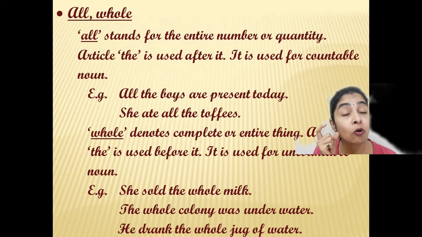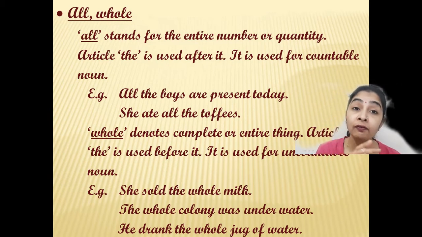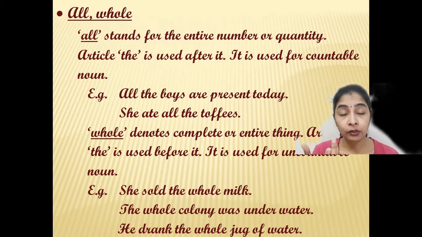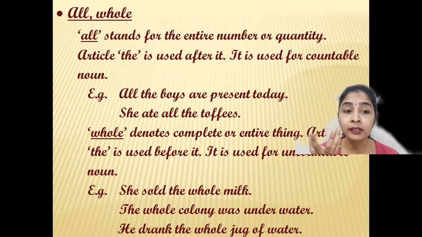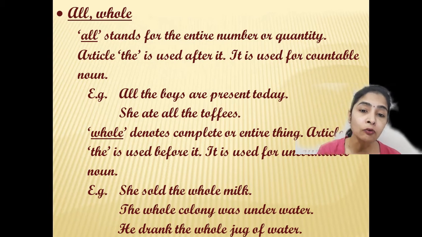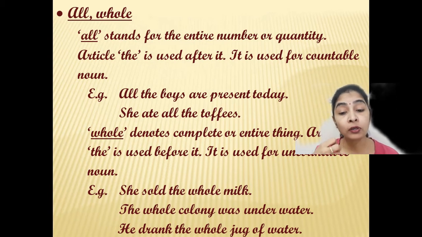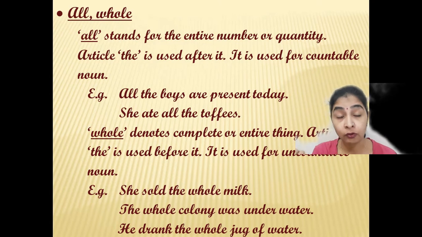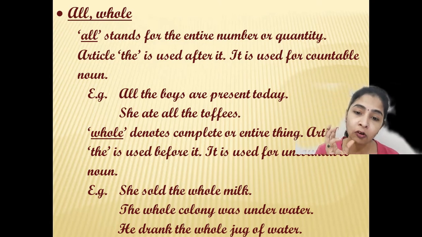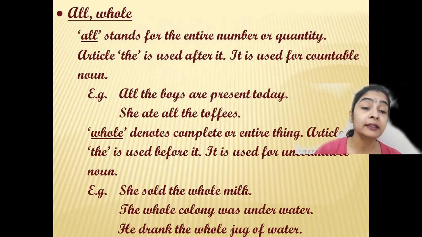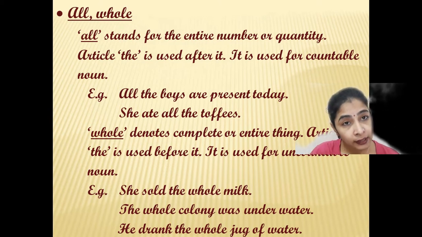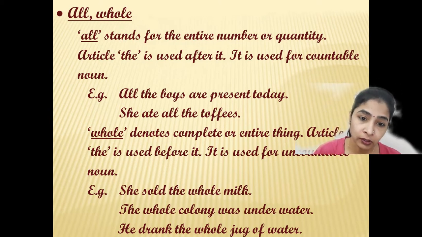When we are using all, we are using the entire number or quantity, and when we are using whole, then it is for the entire thing. So what we conclude here is that all is used for countable nouns and whole is used for uncountable nouns, though both give a feeling of completeness, that means the entire quantity. Okay, but here whole is for uncountable and all is for countable.